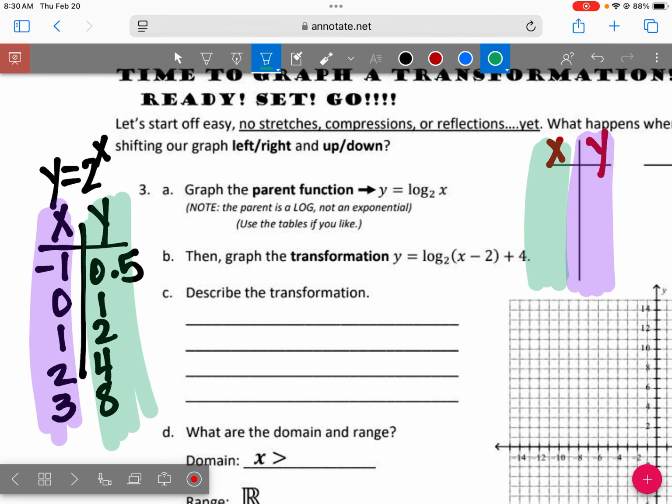So we're graphing exactly what you just finished graphing on the last page. We're going to graph it again. So let's go ahead and graph it.